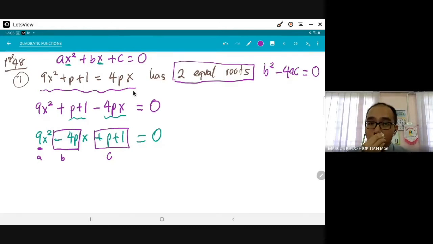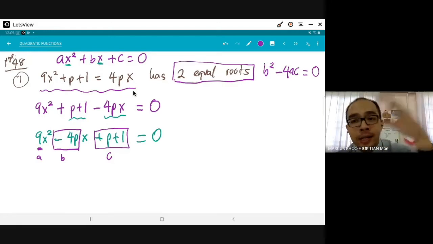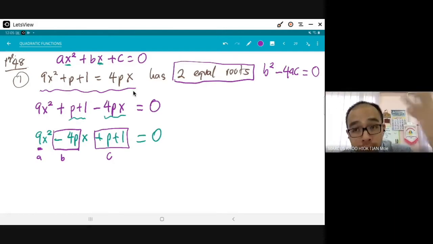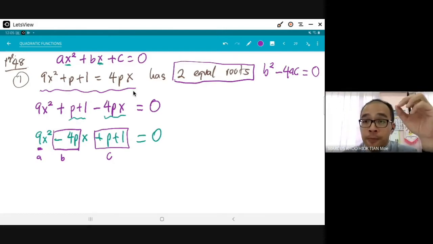This is C. Okay, so dia tidak terhad kepada satu nombor atau satu huruf saja. Mana-mana yang bersangkut paut dengan X kuasa 2, itu adalah A. Mana-mana yang bersangkut paut dengan X, itu adalah B. Mana-mana yang tiada sangkut dengan mana-mana X, the whole thing is equals to C.